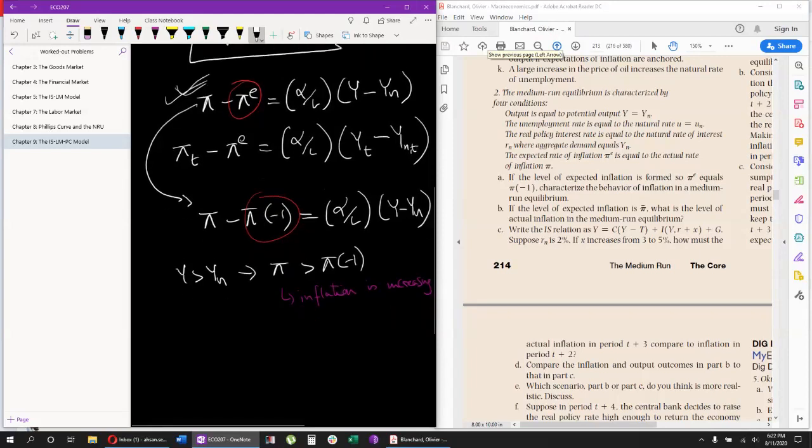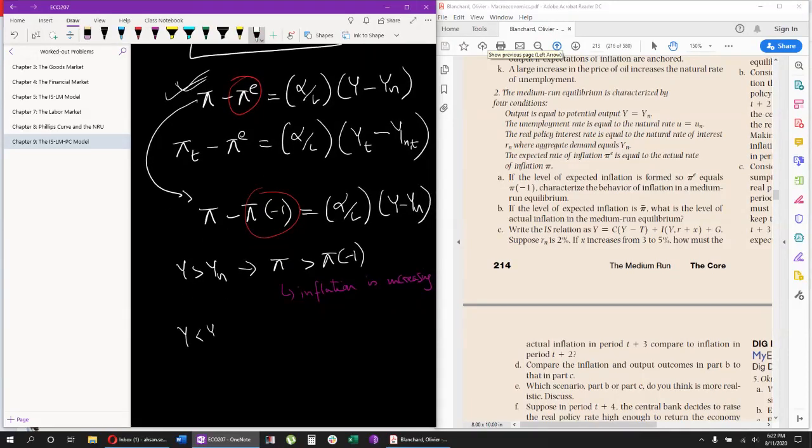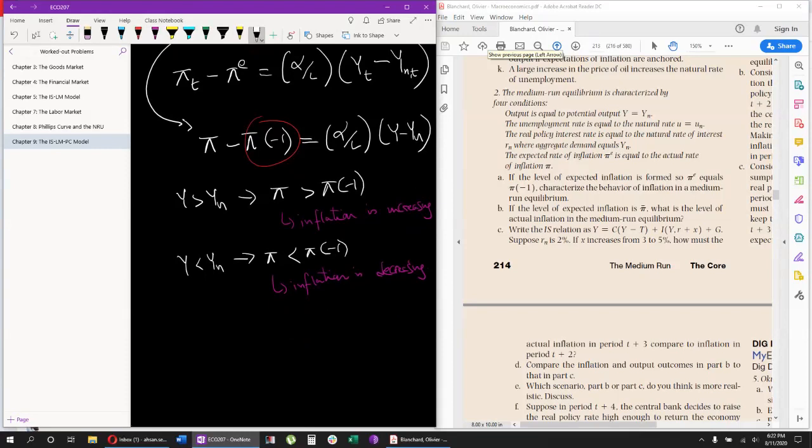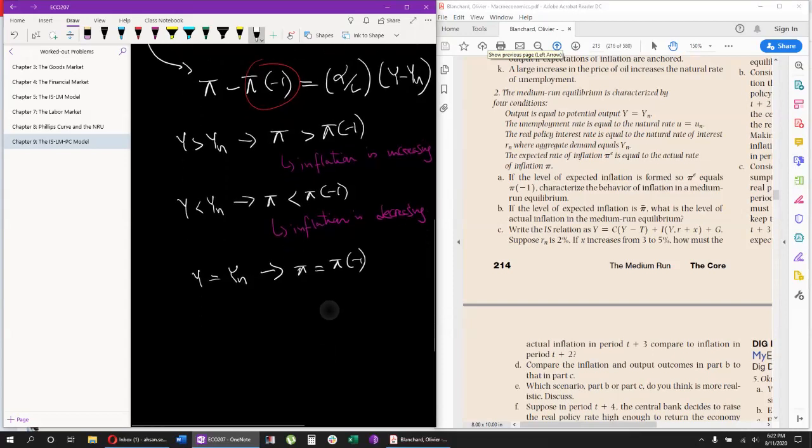And if output is less than the natural rate of output, inflation this year is less than the inflation from the previous year, and what that means is that inflation is decreasing. And I'm sure you guys can work out what happens if this is equal to this. That means there is no inflation or deflation. It's fixed at a point.